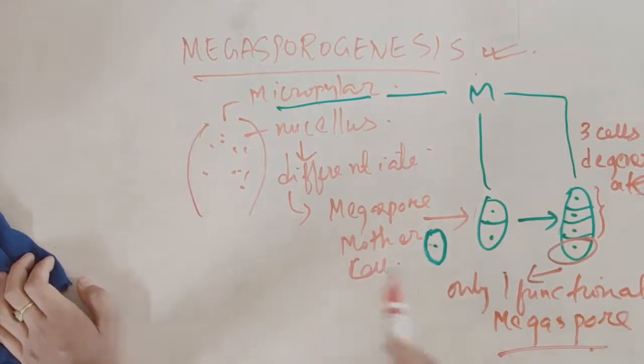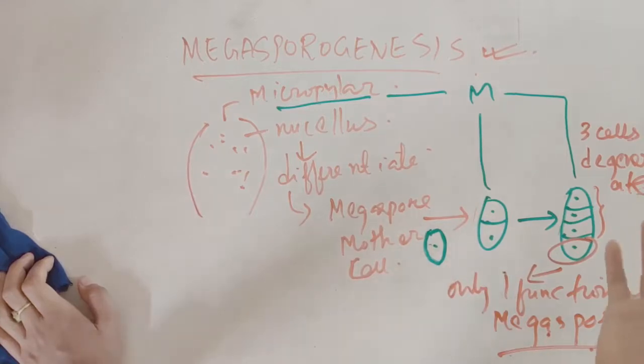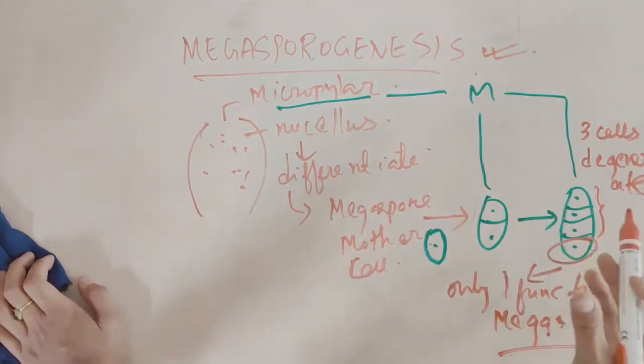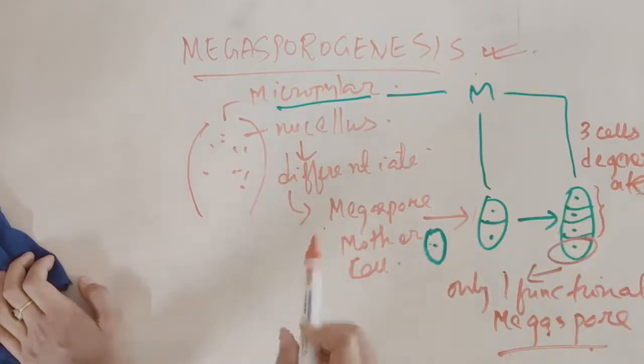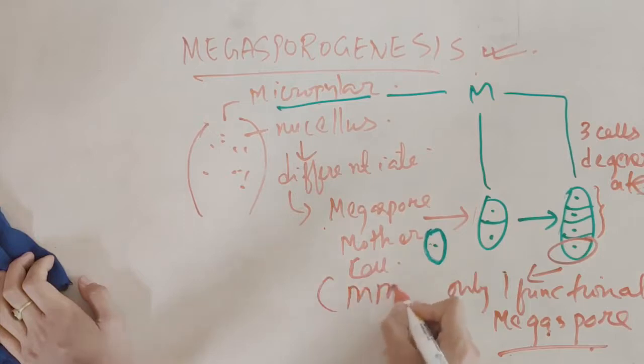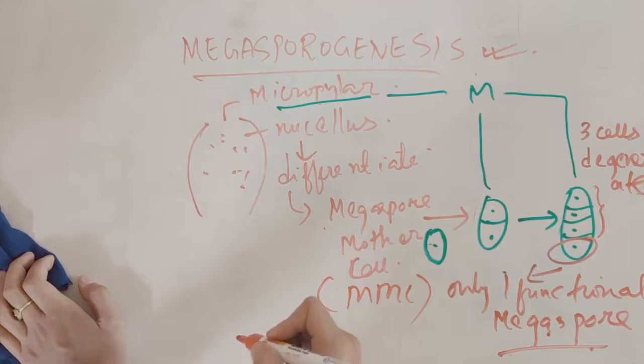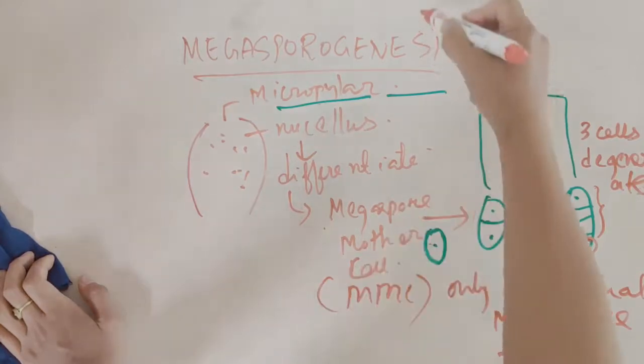So the formation of the megaspores as a whole, and by that we mean we got one functional megaspore. So the formation of megaspores from the megaspore mother cell, MMC, is known as Megasporogenesis.